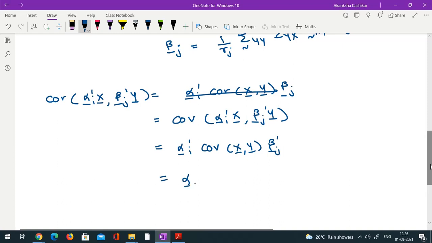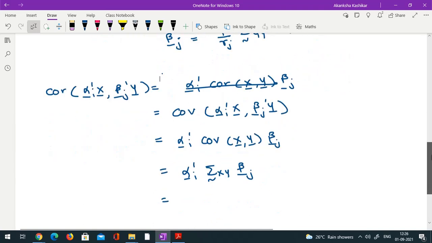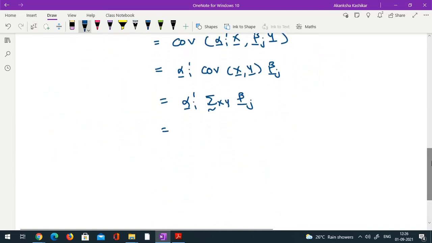So this is alpha I prime sigma xy beta j. I'm sorry, this I don't need a prime here. Okay, and now let us substitute what is alpha I and what is beta j. So alpha I is sigma xx raised to minus half nu I. So its prime will be nu I prime sigma xx raised to minus half.